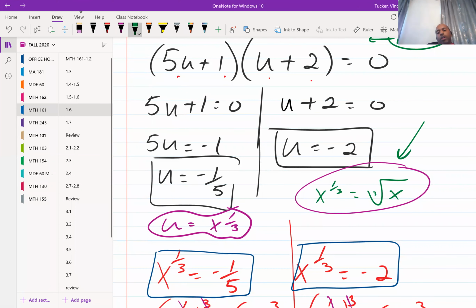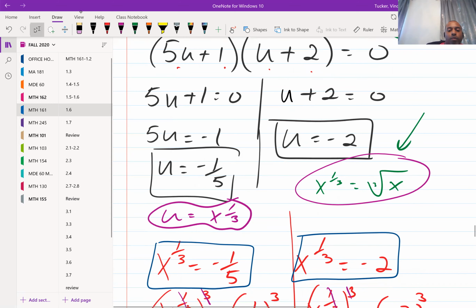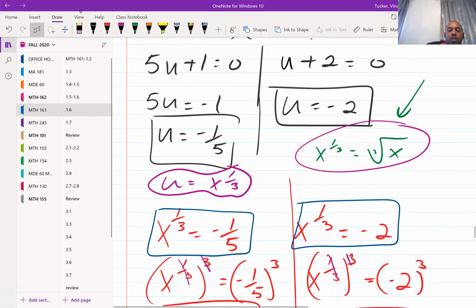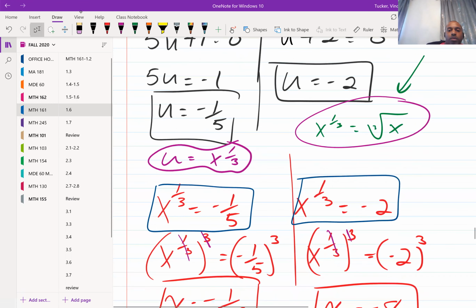Here in the purple circle, green lettering, I'm re-emphasizing what x to the 1/3 actually represents. That is the cube root of x. X to the 1/3 is the same thing as the cube root of x. So in order to get rid of the cube root of x, I need to cube both sides, raise both sides to the 3rd power. That's what I did in my next step.